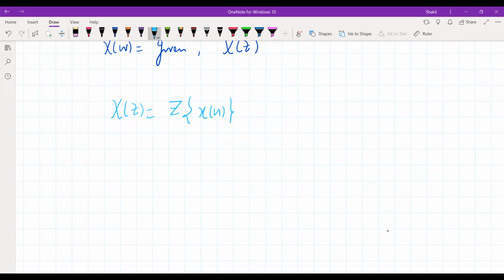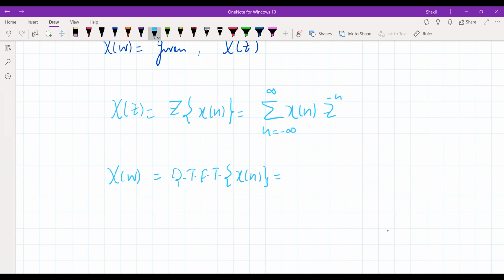Now we know that the Z transform of a signal x of n is simply summation n varying from minus infinity to infinity x of n z to the power of minus n. And we know the discrete time Fourier transform of x of n is given as summation n varying from minus infinity to infinity x of n e raised to minus j omega n.